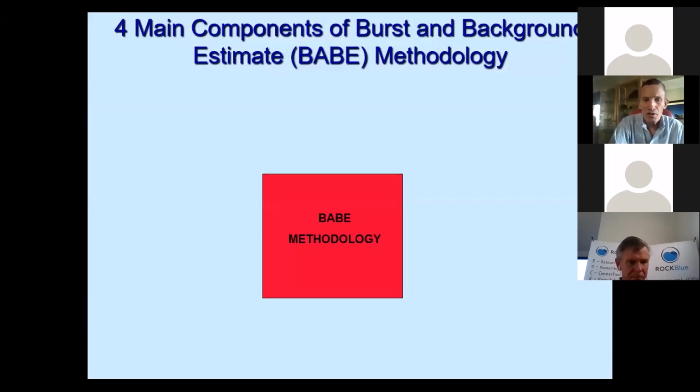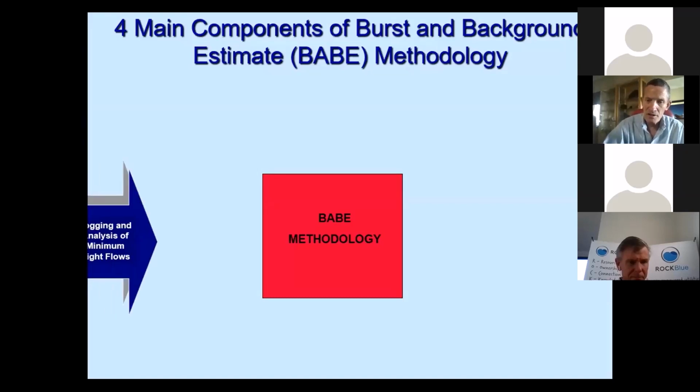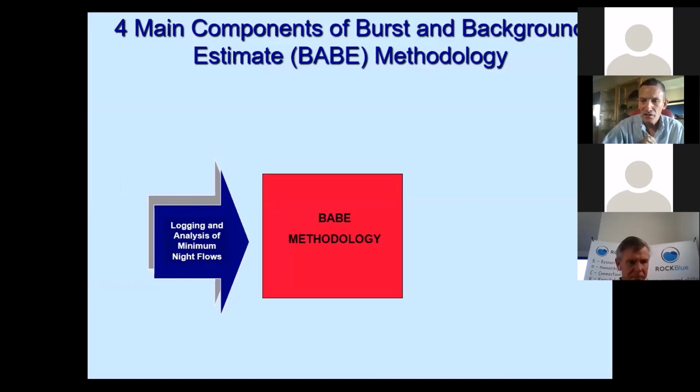Now, what the UK did in order to address leakage in a normal water supply system, they came up with a standard methodology called the BABE methodology. And the BABE methodology has 4 pillars. The first one is logging and analysis of minimum night flows.